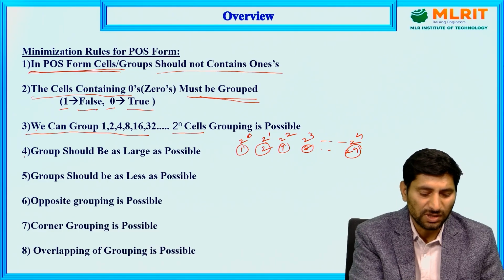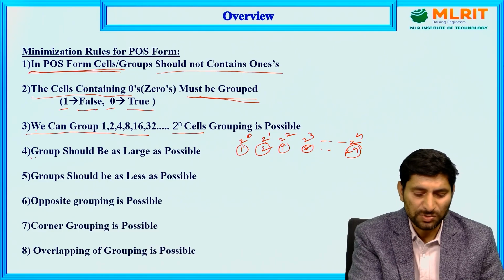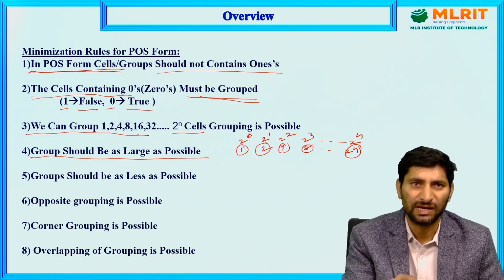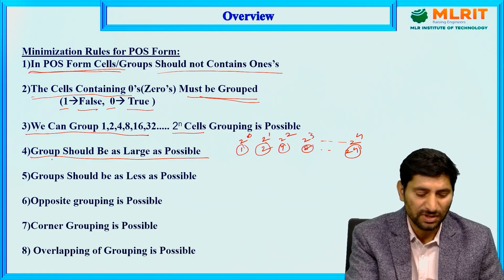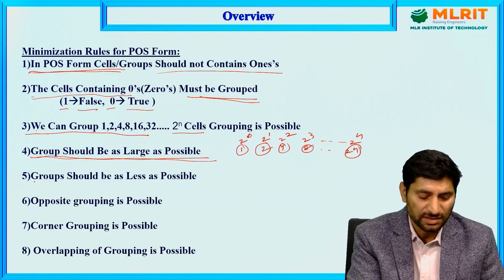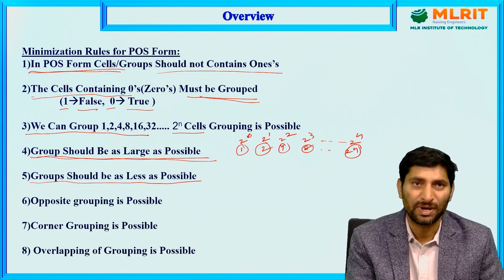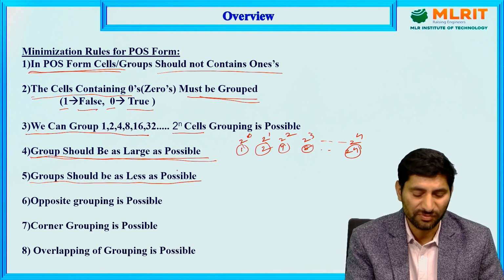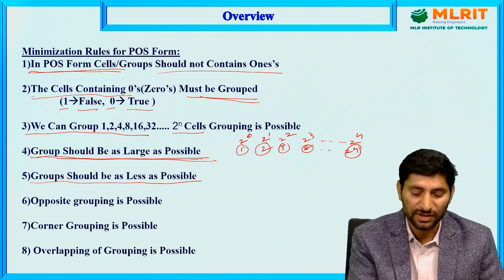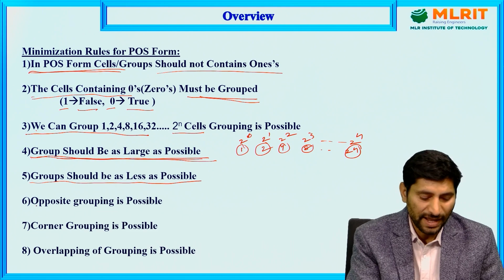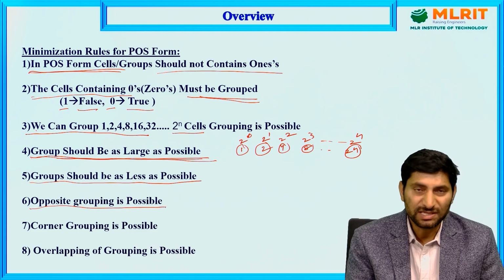The fourth rule is that the group should be as large as possible. Then the fifth rule is that the number of groups should be as small as possible. While grouping, we form fewer groups and each group must be very large in size. Next, opposite grouping is possible.